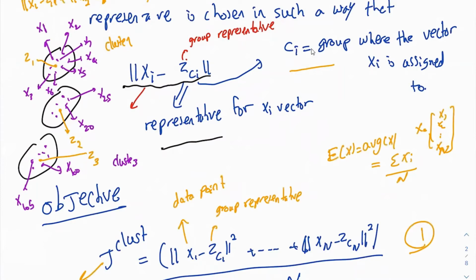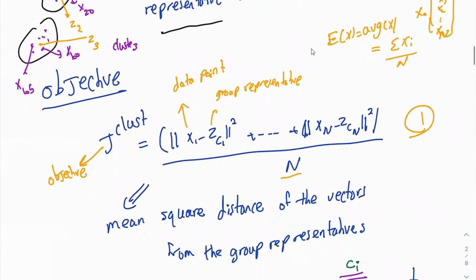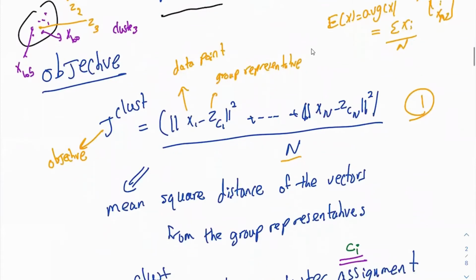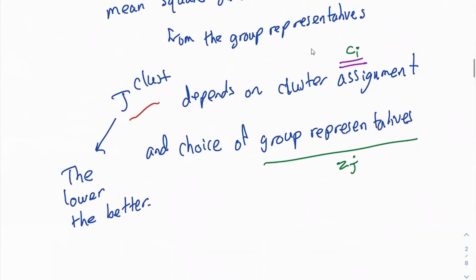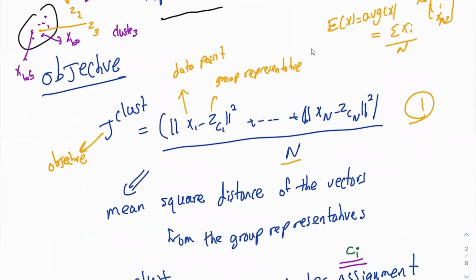And then we'll see how we can actually choose the group representative optimally, right? So remember two things. This J class depends on the cluster assignment and the group representative. Now, what value of this J class is good? The lower the better. We are trying to minimize this. What is the best value? What's the dream value that we can have? 0. Under what case do you get 0?